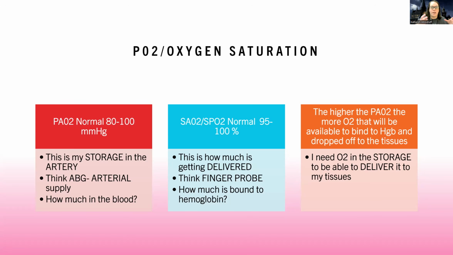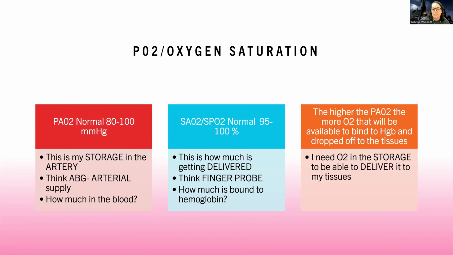So the important point here, don't get too confused with this, is just recognizing the PaO2, the normal is different. The normal is 80 to 100, whereas the SpO2, we like 95 to 100. But it's the difference between the PaO2, how much supply I have in the first place, and the SpO2, how much that's actually getting from the supply to my tissues, because even if I have enough oxygen, there's other things that could be blocking it from getting delivered.